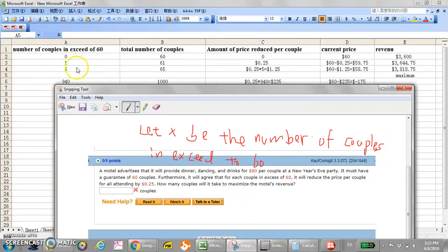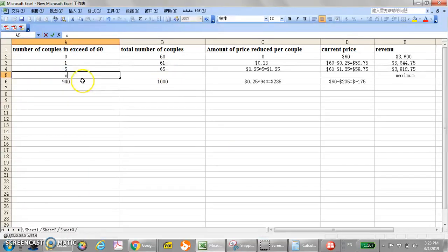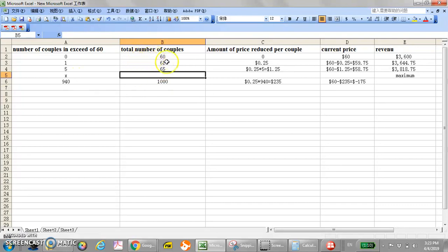Like here, if x is 1, then the total number of couples is 61. So if this is x, then the total number of couples is 60 plus x.